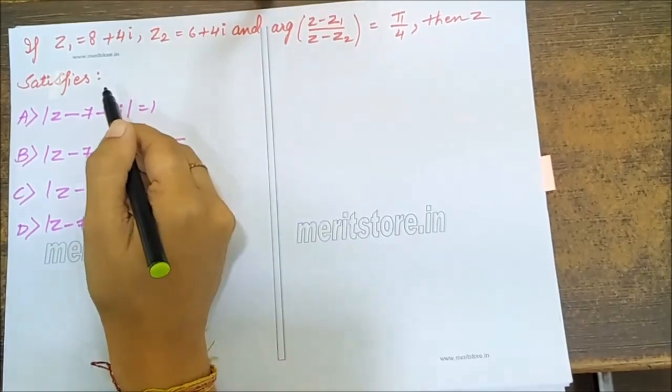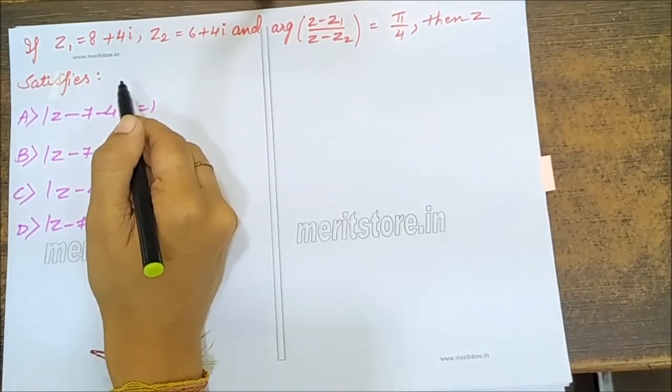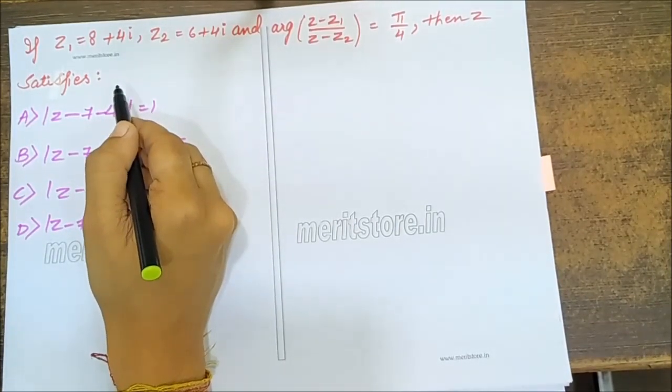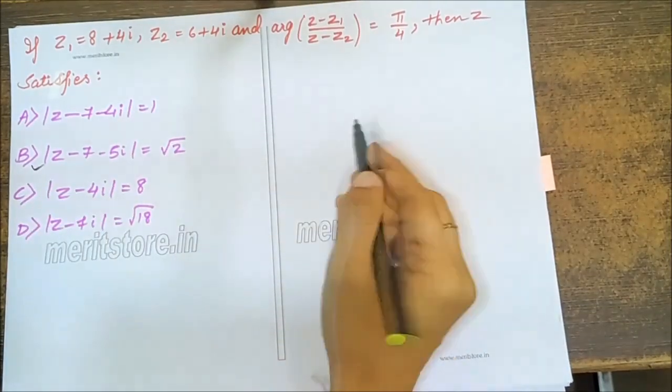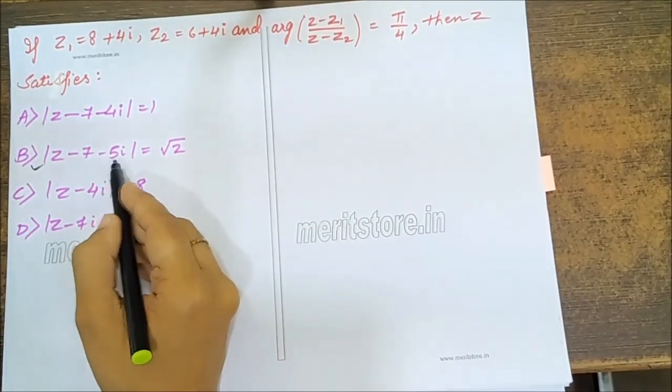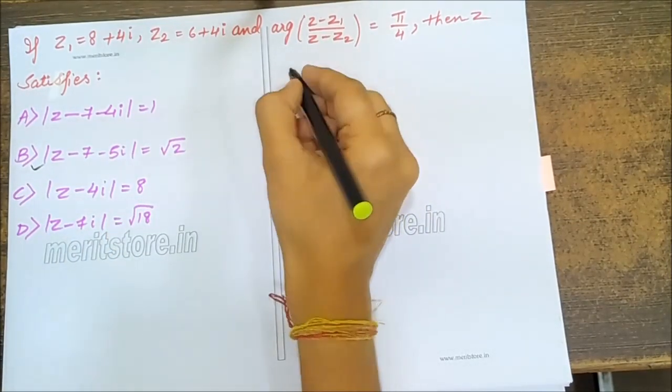I will substitute the values, I will simplify the equation, and the answer will be B, that is modulus of z minus 7 minus 5i is equal to root 2.